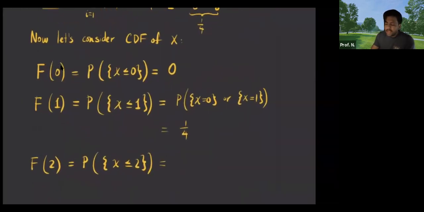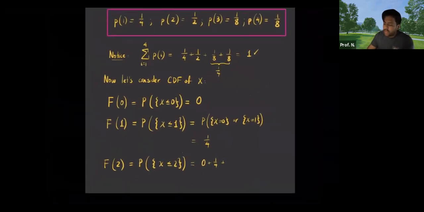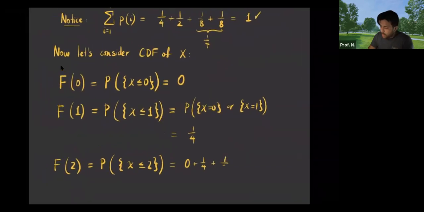I am accumulating all the probabilities for 2 and before 2, like 1 and 0, and adding the last probability, x being 2, which is a half. And yes, that's exactly right, it's going to be 3/4.